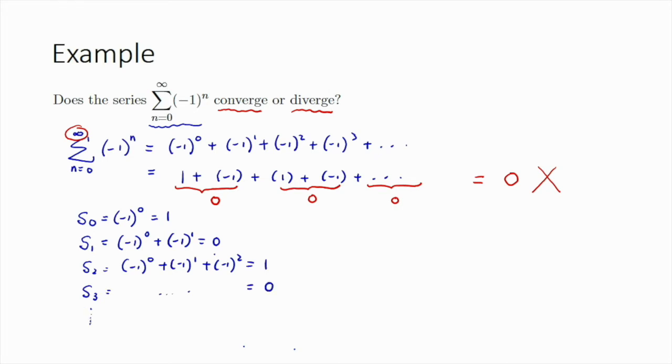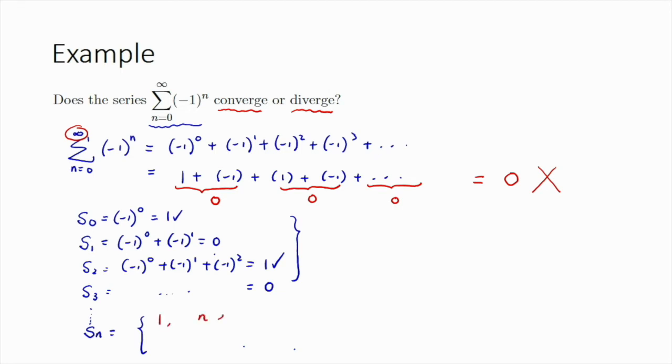And you can see that there is a pattern here. If you're interested in the nth partial sum, by observing the earlier pattern, you will be able to see that the 0th partial sum, the second partial sum, the fourth partial sum are all equal to 1.